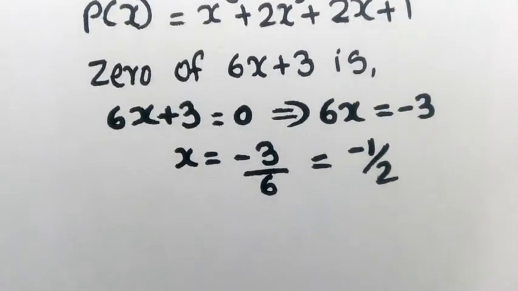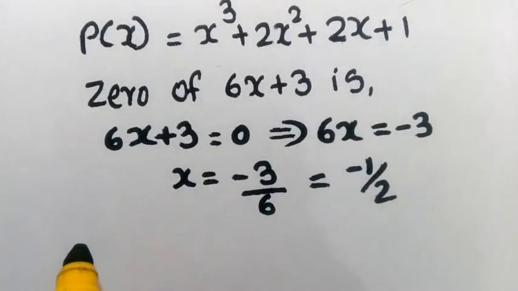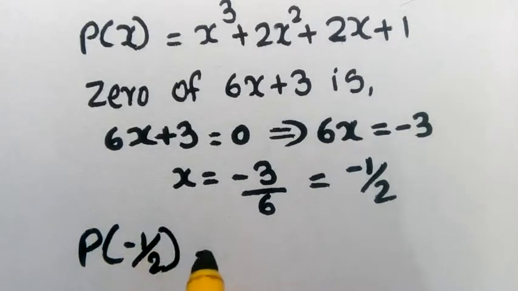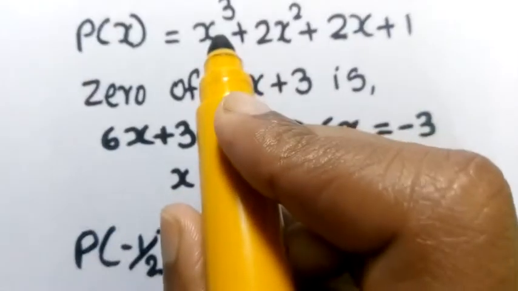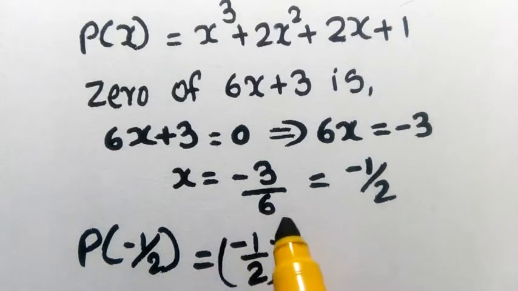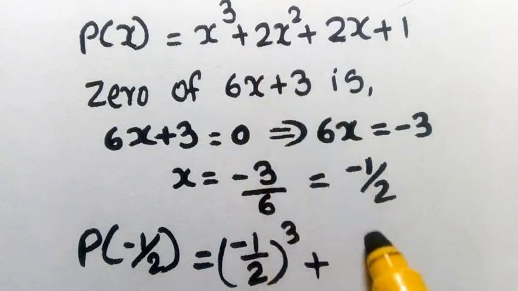So the next step is p of minus 1 by 2 is equal to, we have x cube. So minus 1 by 2 whole cube plus 2x square.